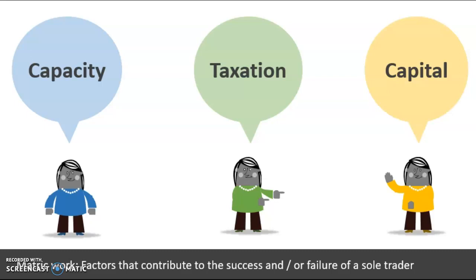When we look at taxation, the success factors are that the owner is only taxed on the profits in his personal capacity. So depending on how much income the owner earns, his or her tax rate may be lower than that of a company tax rate. If the owner earns below a certain threshold amount every year, no income tax is payable, and the business's profits are thus not taxed.